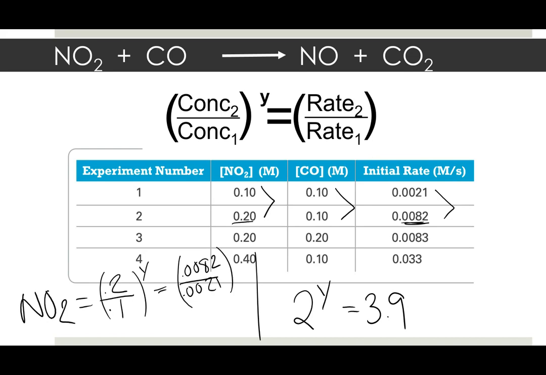But again, let's go ahead and round to whole numbers. It's going to give us a clear picture. So if I round this 3.9 to 4, what order is NO2? 2 squared is 4, so y must equal 2. So NO2 is second order.